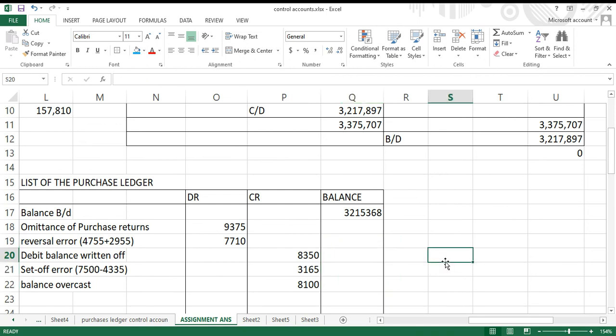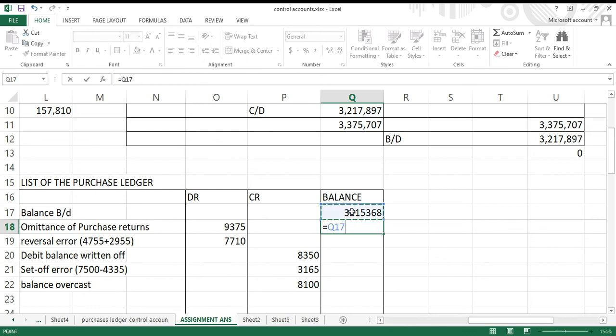Whatever we debit, we subtract. So 3,215,368 minus 9,375, we get this figure. Again, debits we're subtracting, and credits we're going to be adding. This is a running balance here.